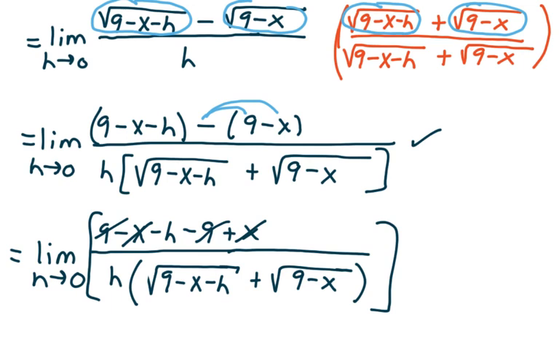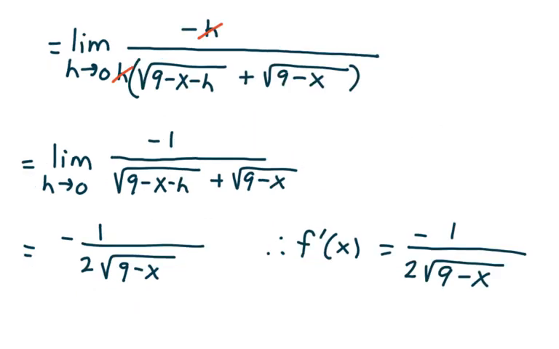So I'm going to distribute the negative to each term in the second set of parentheses. And when I do, I get the limit as h goes to 0 of 9 minus x minus h minus 9 plus x, all divided by h times the quantity, square root of 9 minus x minus h plus the square root of 9 minus x.